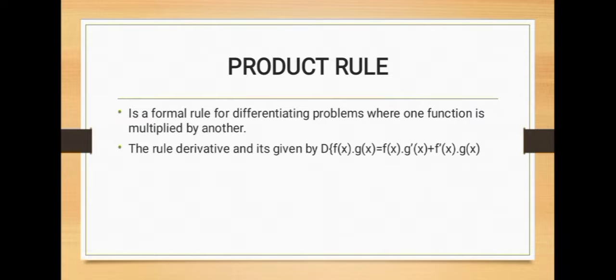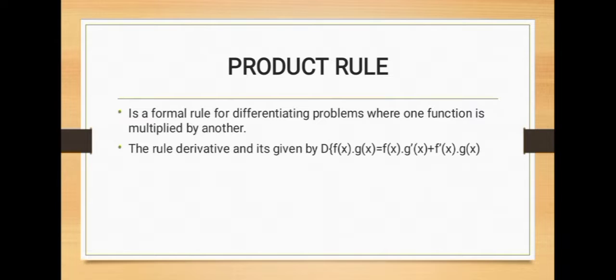First, copy the first term, then the derivative of the second term, plus the derivative of the first term and copy the second term. So this is how we're going to find the derivative in the product rule.